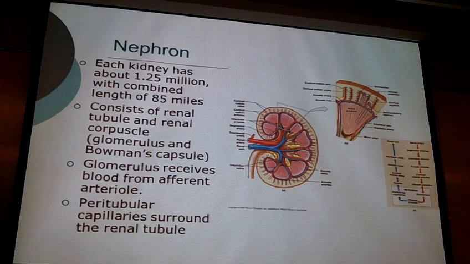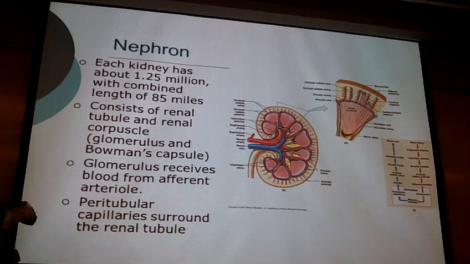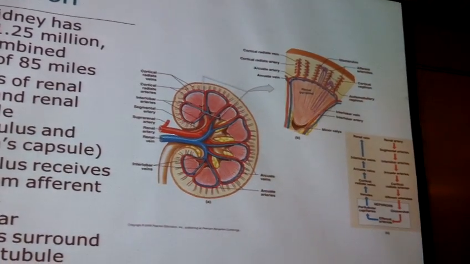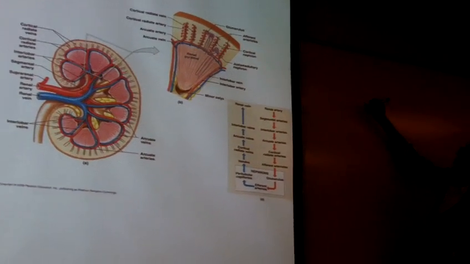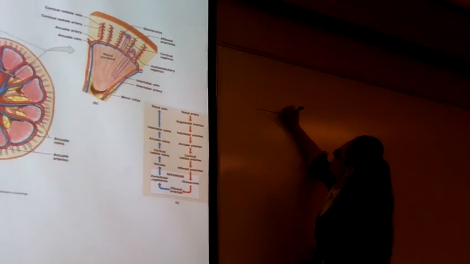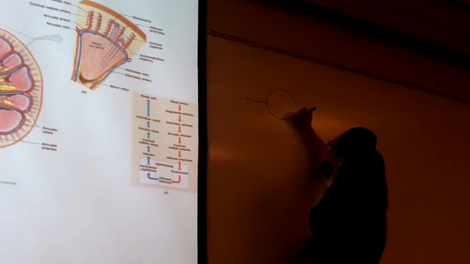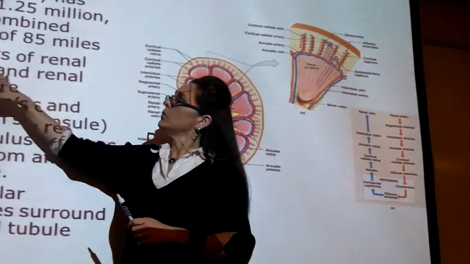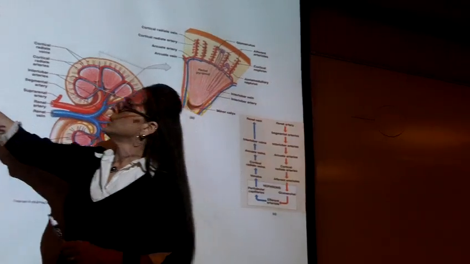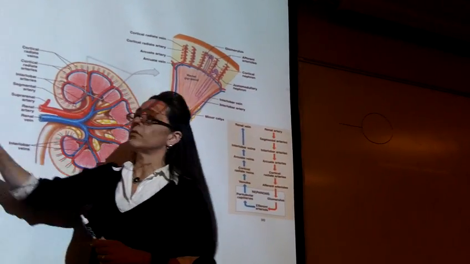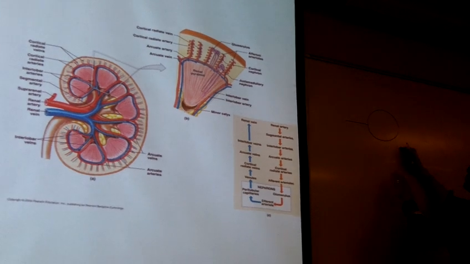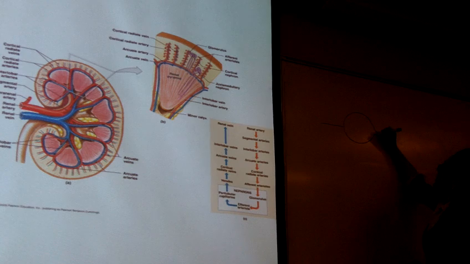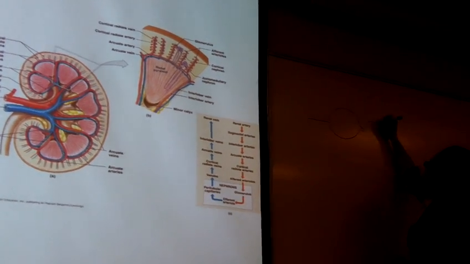Now, when we look at the nephron, it has different parts to it. When you look at the nephron, you're going to have what's called the renal corpuscle and the renal tubule. The first part's going to be the corpuscle, and then we're going to go into the tubule.